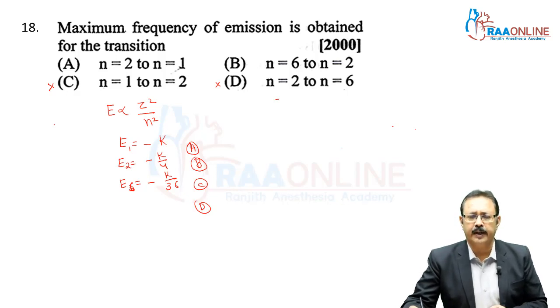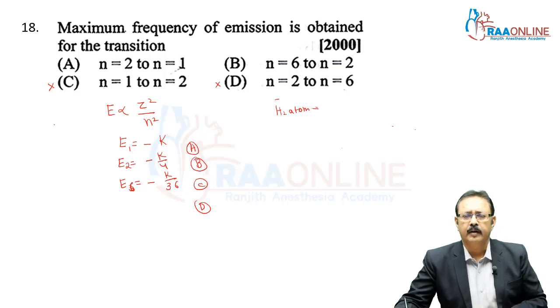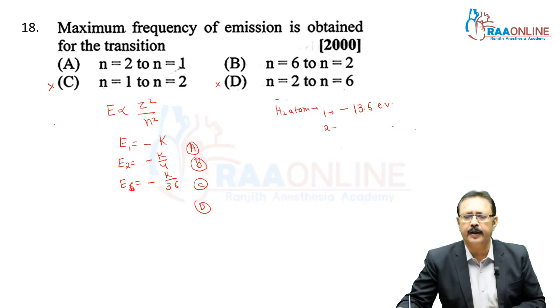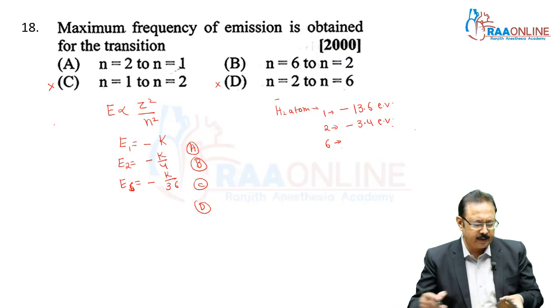It is coming from second to first. See, example we are taking of hydrogen atom. In ground state, its energy is minus 13.6 electron volt in 1. In 2, it has minus 13.6 divided by 4, minus 3.4. In 6th, it has minus 13.6 upon 6 square, means 36.